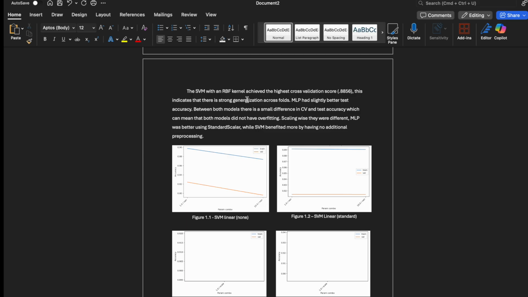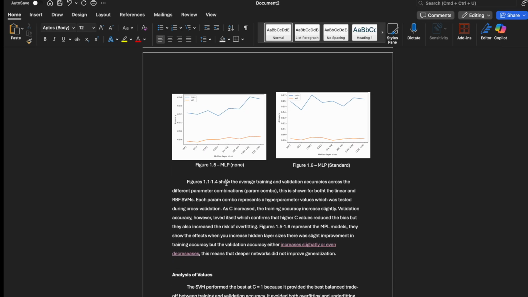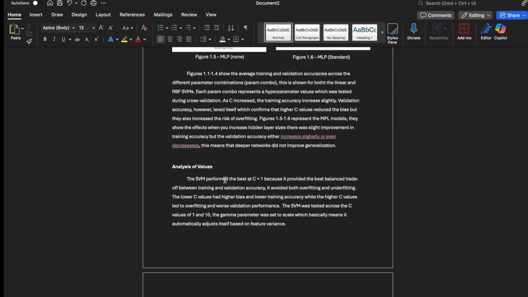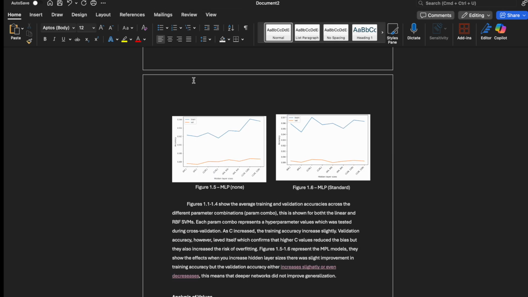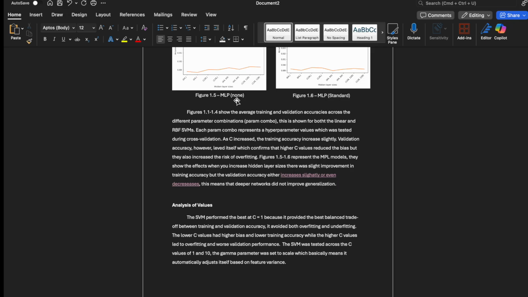Just moving on to the graphs we can see here. All these figures show the average training and validation accuracies through the different parameter combinations, labeled param combo down here. The training value increased slightly, while validation accuracy leveled off.